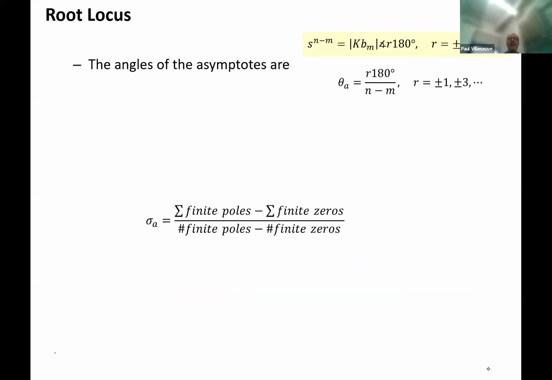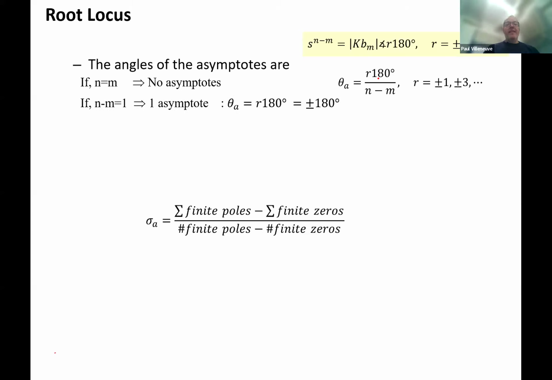So I have S to the N minus M equal to the magnitude of K B at an angle of R times 180. I'm really only interested in the angle of the asymptotes. So if I have one asymptote, the angle of the asymptote is equal to R times 180, because again, R is equal to N minus M.